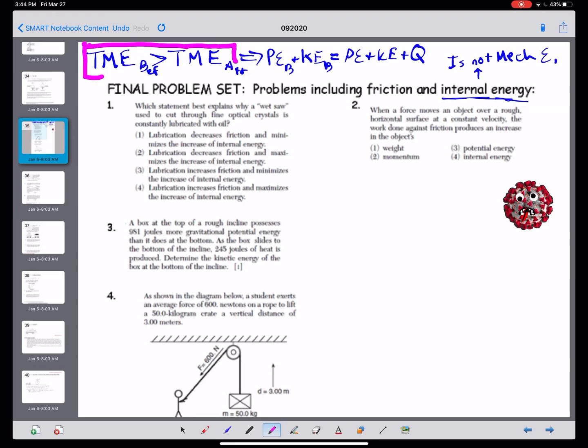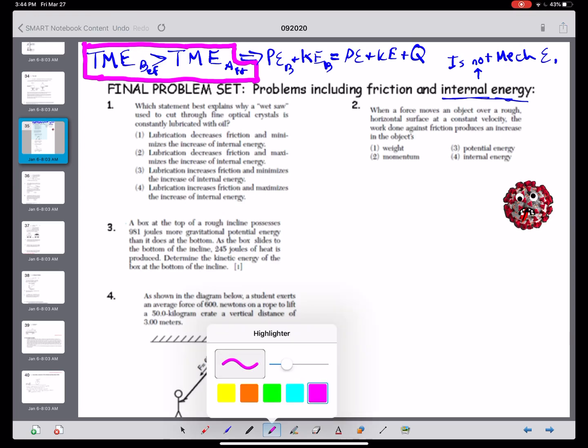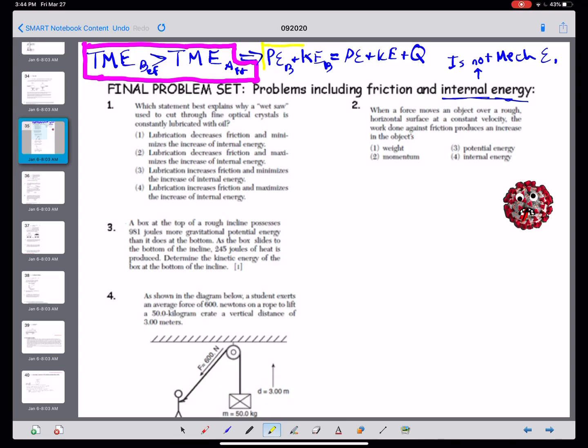So here, we're saying that total mechanical energy before is greater than after. So to make them equal, we say this. Let's do this in yellow. The PE plus KE before is equal to PE plus KE plus Q after.